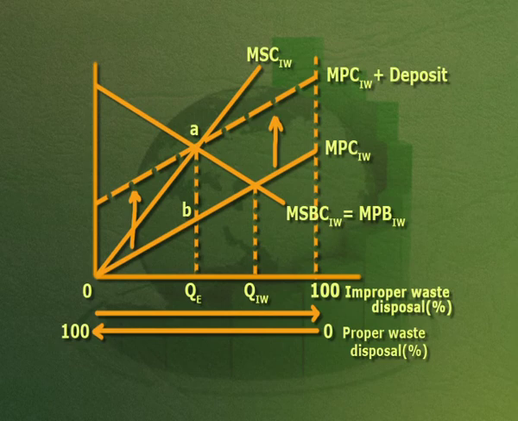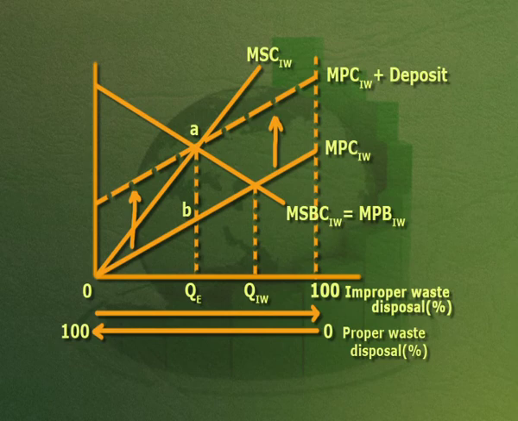In the figure, from left to right, the horizontal axis measures improper waste disposal IW as a percentage of all waste disposal activity. Implicitly, then, the percentage of proper waste is measured right to left. Thus, if 25% of all waste is improperly disposed of, then by default 75% is disposed of appropriately and safely.